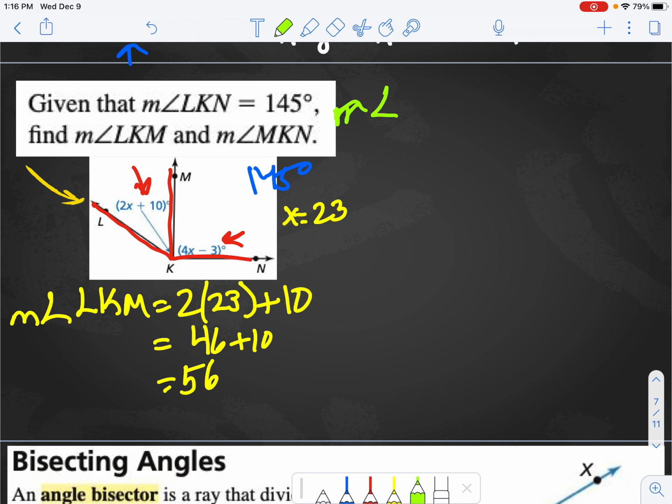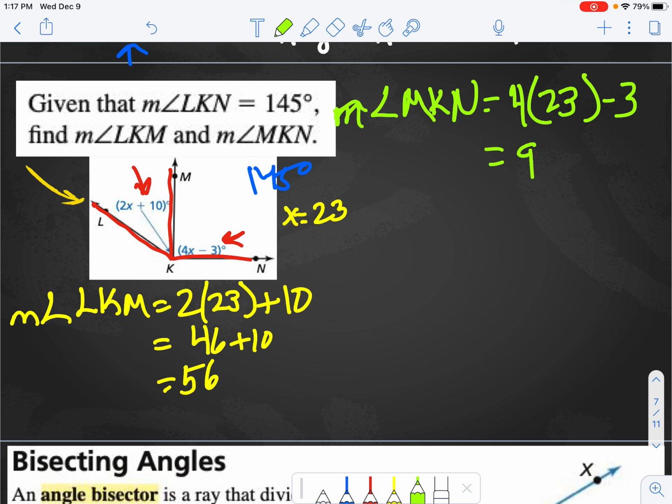Now if we want to find the measure of angle MKN, 4 times 23 minus 3. 4 times 23 would give me 92, minus 3 is 89. So then we know that the measure of angle MKN is 89, and we can't forget our little degrees sign up there.